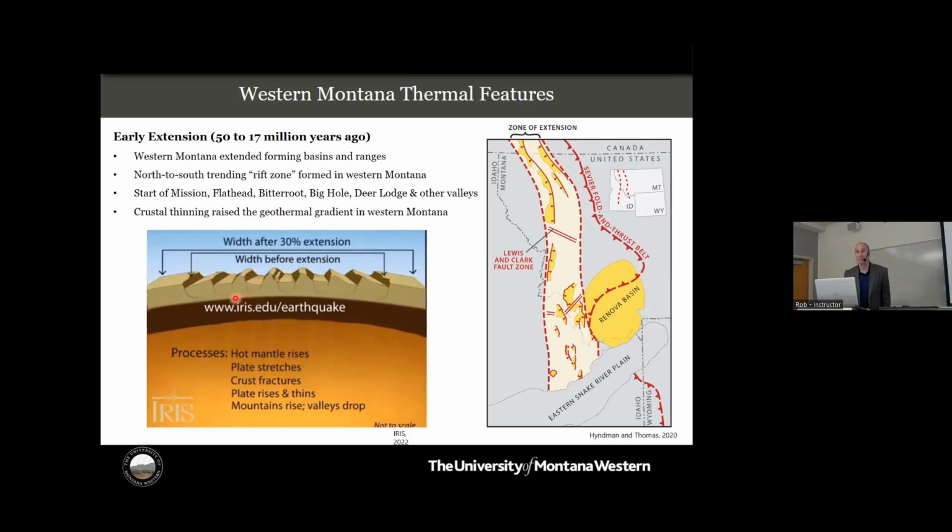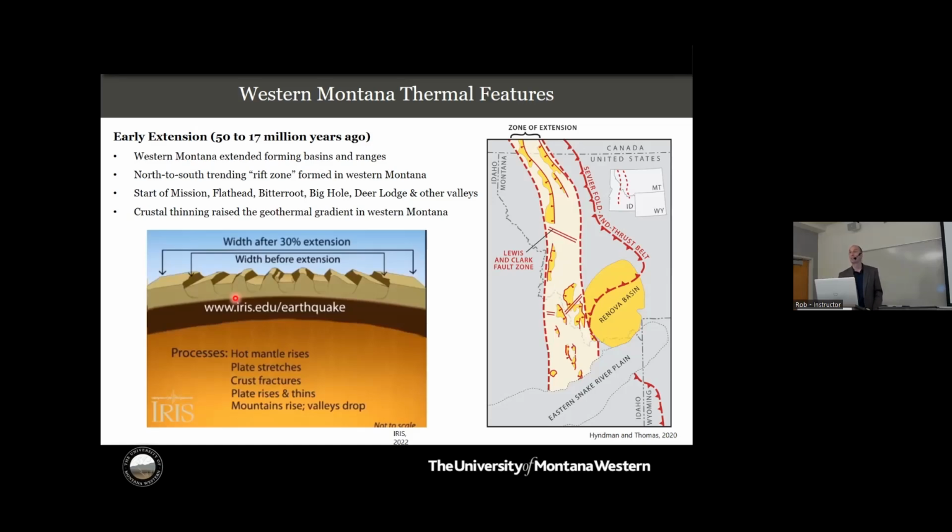Why is that important? Water percolating down, heating up, coming back. All right. These faults from 50 million years ago are not part of your equation of your modern hot springs. They're dead and gone, and they're not the cause of the hot water coming to the surface.